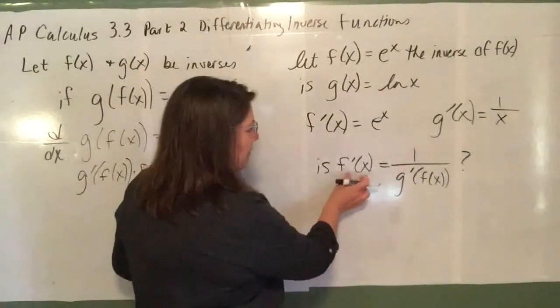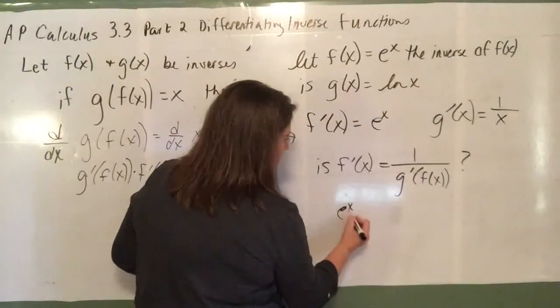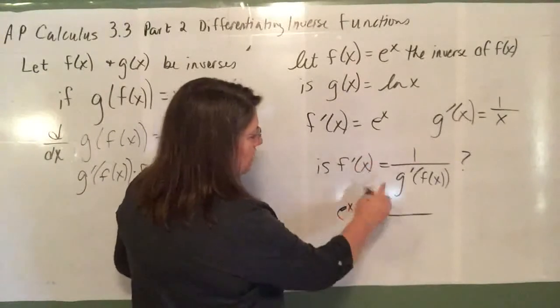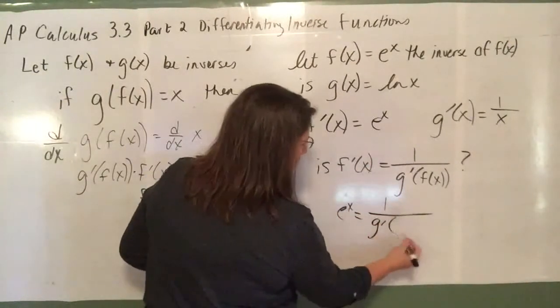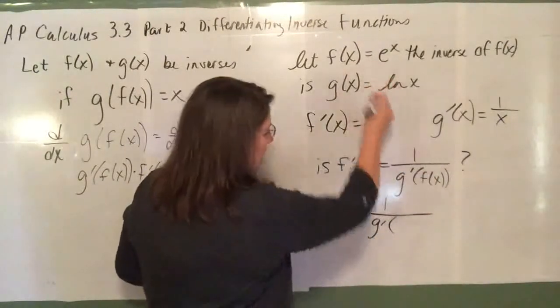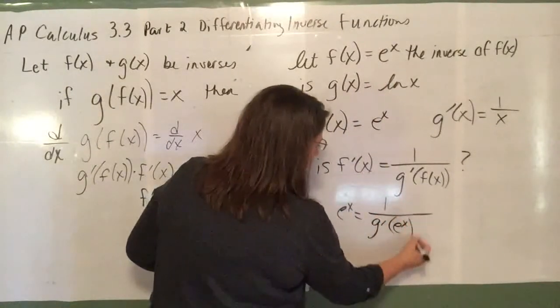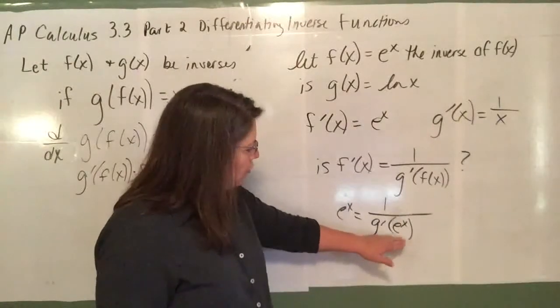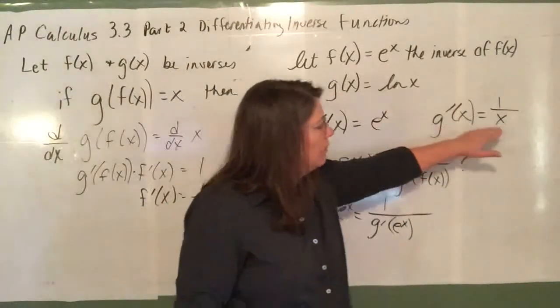So f prime of x is e to the x. We have 1 over g prime of f of x. Well, f of x was e to the x. So if we're trying to plug in here, we know that g prime of x is 1 over x.